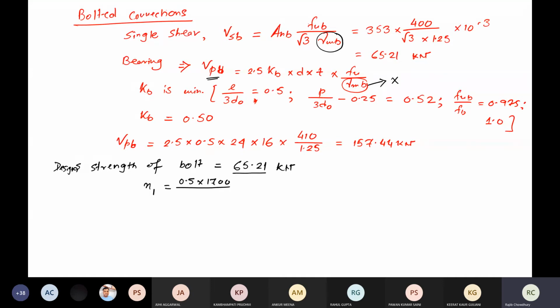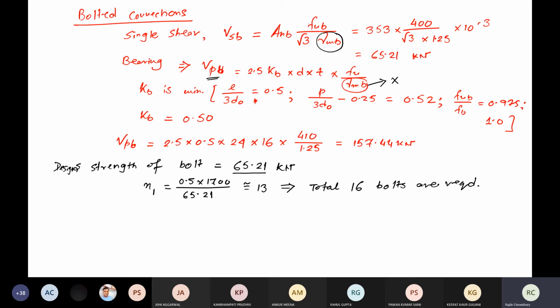So this is becoming 13. So what I'm going to make from here is that a total of 16 bolts are required.